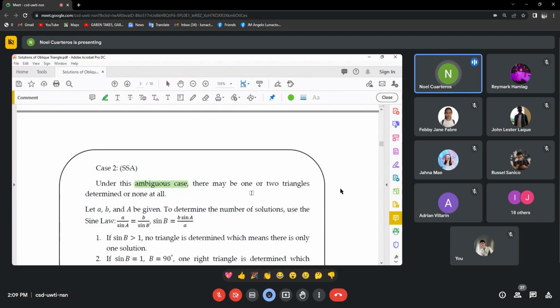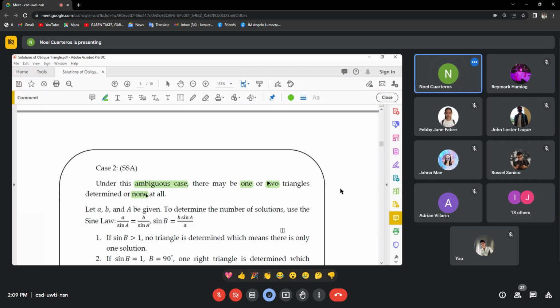One or two triangles will be determined in this case, or there is no triangle that can be formed. So, only one triangle may be formed, or two triangles, or no triangle at all. That is why it is called ambiguous.